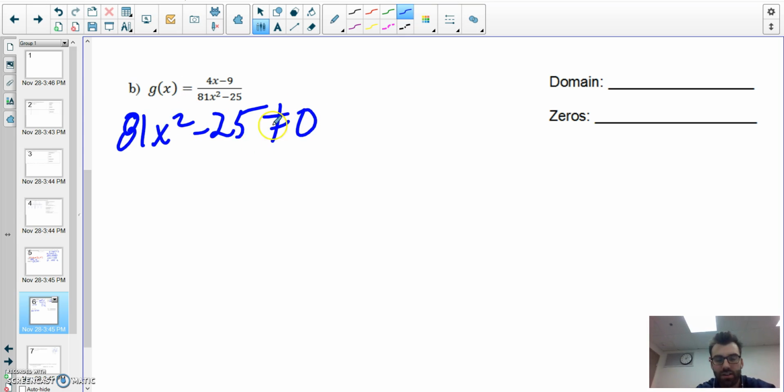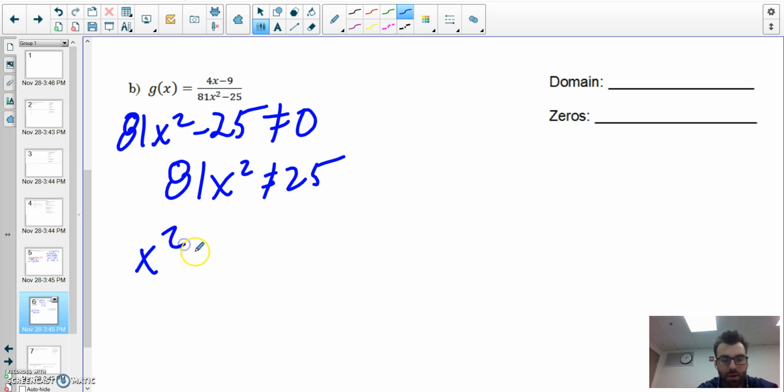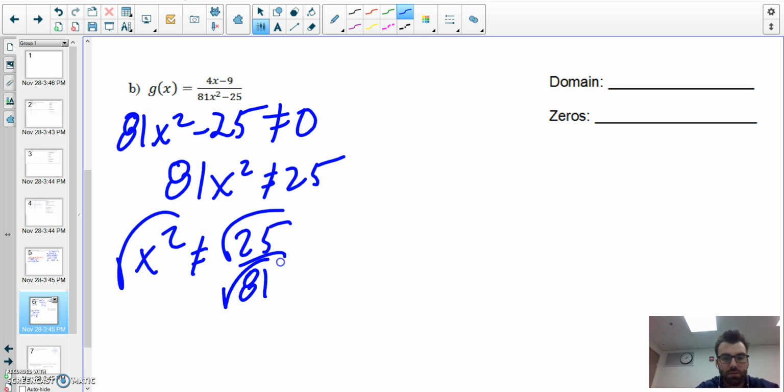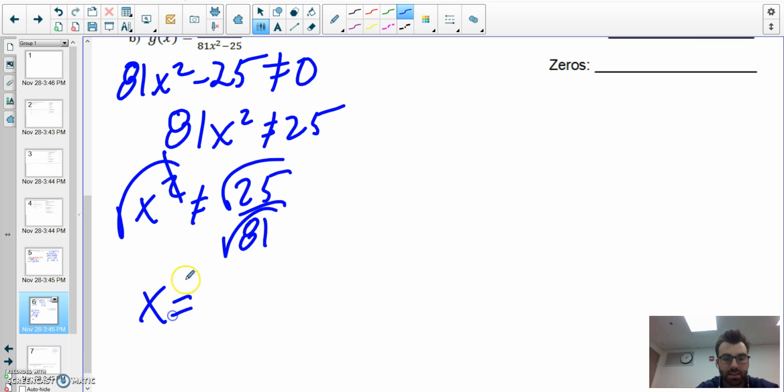Okay, so let's solve for the number that cannot equal 0 for x. 81x squared cannot equal 25. Divide by 81. X squared cannot equal 25 over 81. Square root both sides. Excuse me. X cannot equal, plus or minus, since we're solving, 5 over 9.